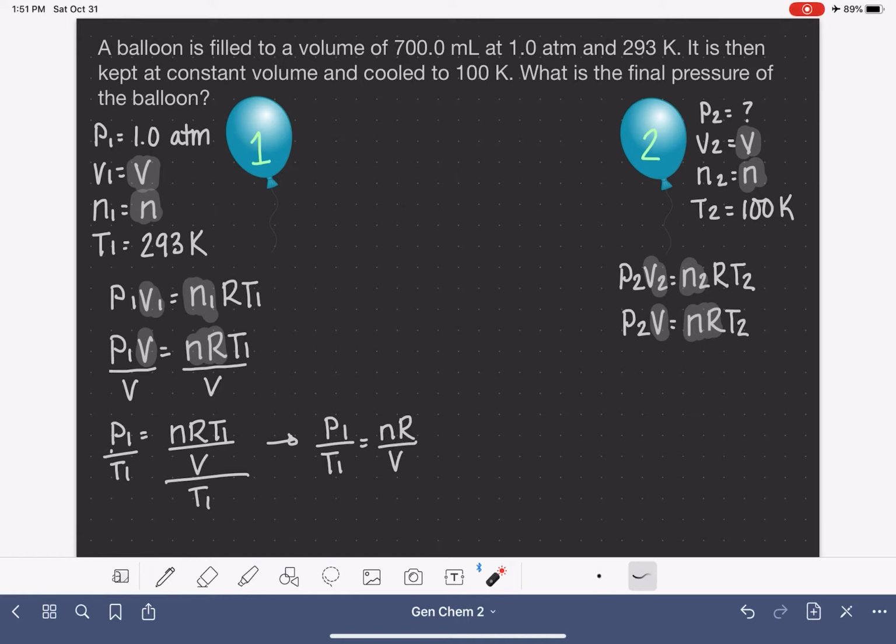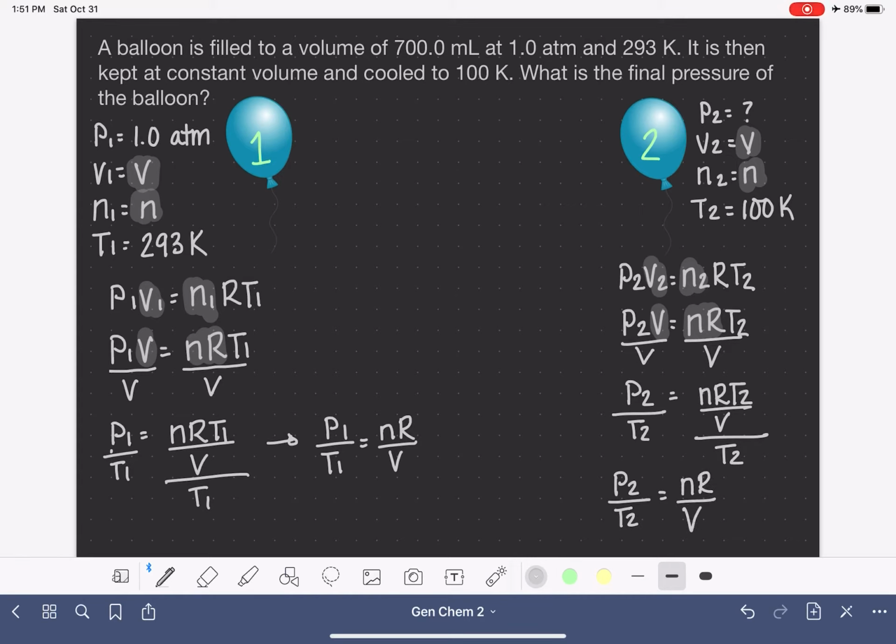I'm going to divide both sides by V. So I get P2 equals nRT2 over V. And then I'm going to divide both sides by T2. So I get P2 over T2 equals nR over V.